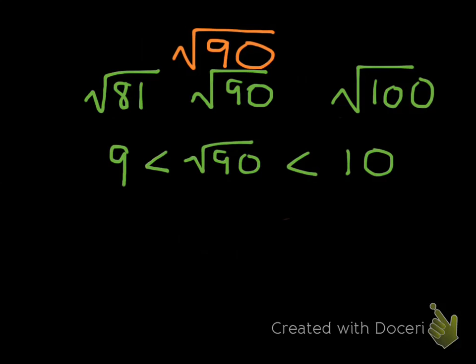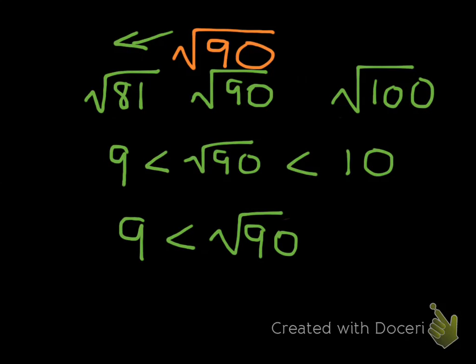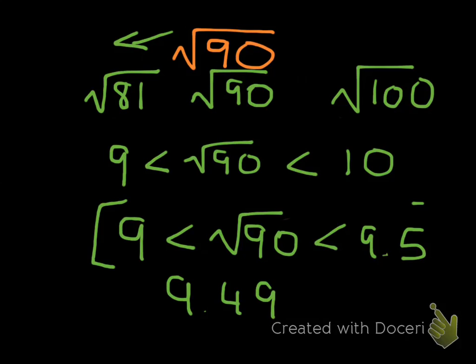So since 90 is closer to 81, 9 is less than the square root of 90, which is less than 9.5. And when we check it with the calculator, we get an estimate of about 9.49, and therefore our estimate is correct.